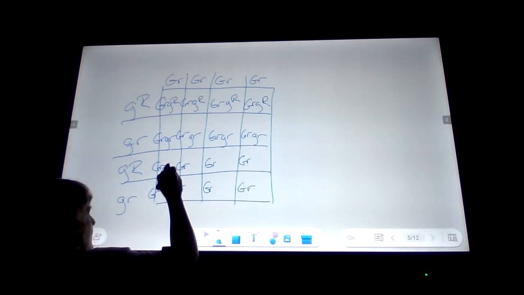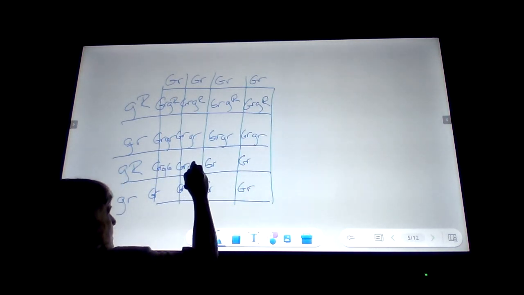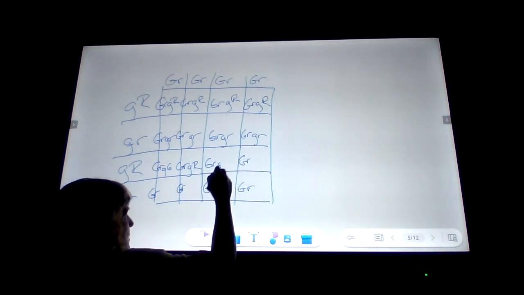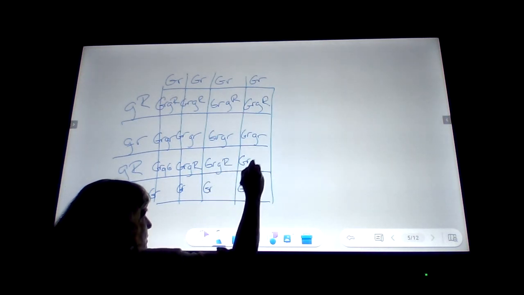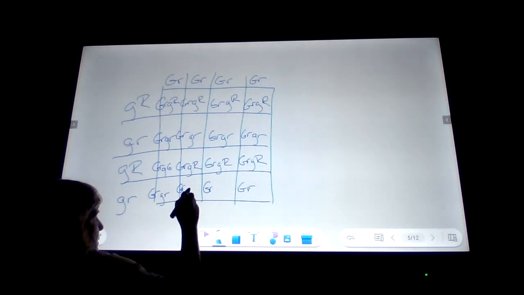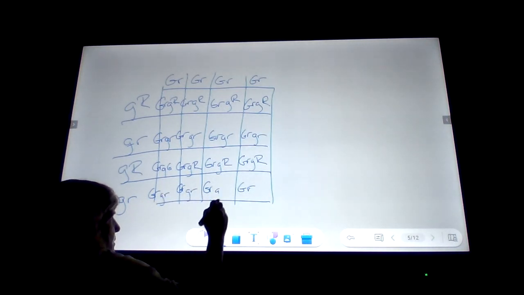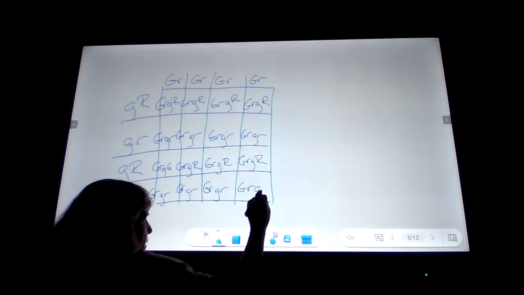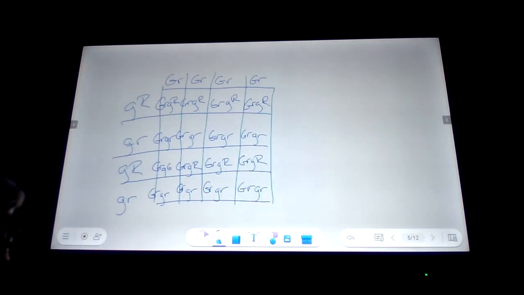I've got another G big R. And I've got another little G little r. And that is the probability of my offspring.